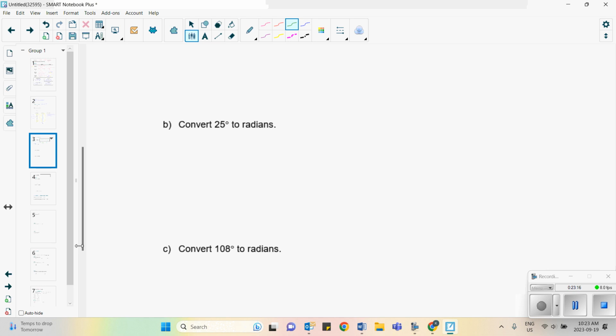So I think the big thing here is the math isn't hard, but you've got to remember to leave it as a fraction, and you want to leave it in terms of pi. The reason is we want to put our calculators to the side for a bit. This will be the first unit on your test where a portion of it will be calculator and a portion of it will be non-calculator.